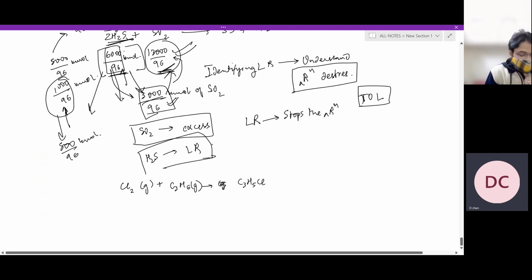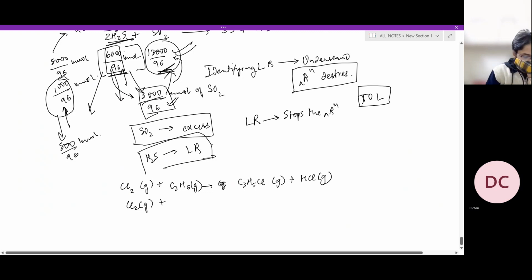So the formation of allyl chloride, and the other reaction is C3H6 gaseous form, C3H6 CO2. This is not required, okay?